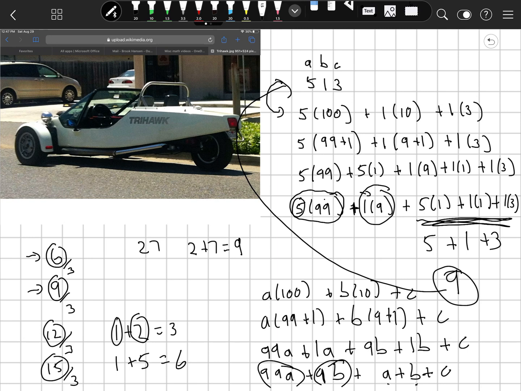And so we have A plus B plus C, and if those happen to add up to a multiple of 3, we know that the whole number is divisible by 3. Hope this helps you out.